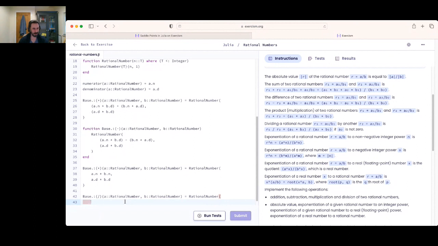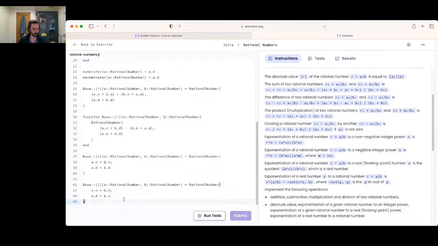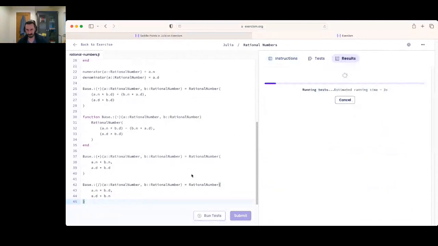So it's going to be the numerator of A times the denominator of B, and the denominator of A times the numerator of B. I could literally read it here, inches to the right of where I'm typing, but I'm not going to. I'm going to be brave. I'm going to be a brave boy. I'm just going to assume that I'm right, and we'll find out in a minute that I'm not. So let's see if we can bring that to 8 tests passed.